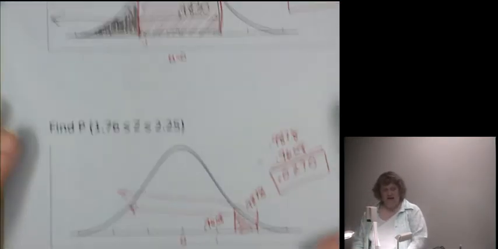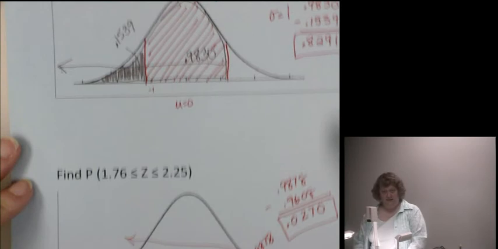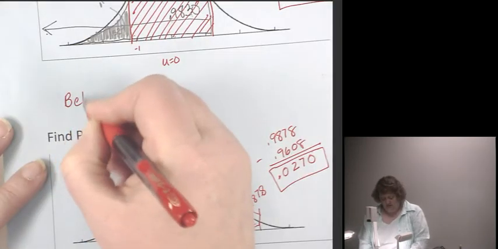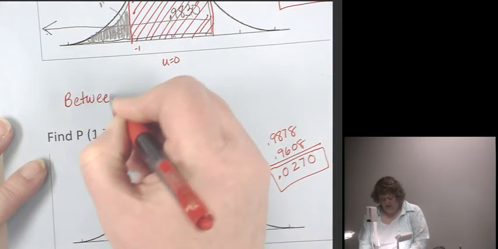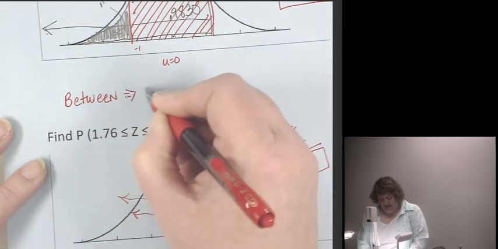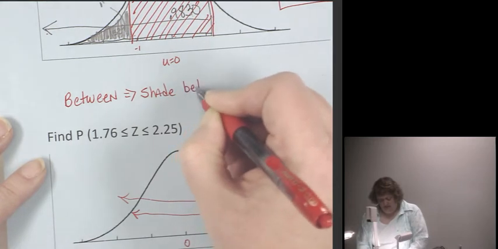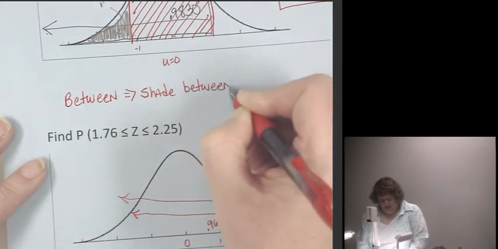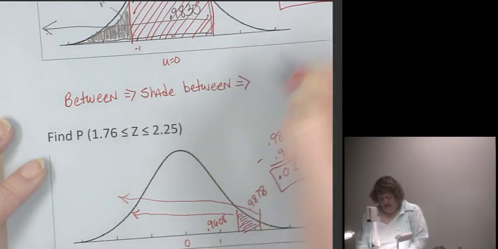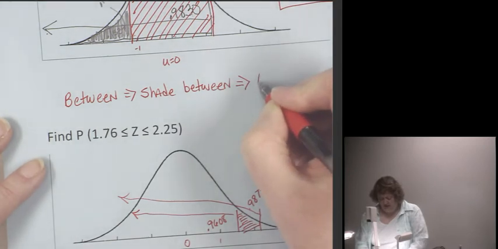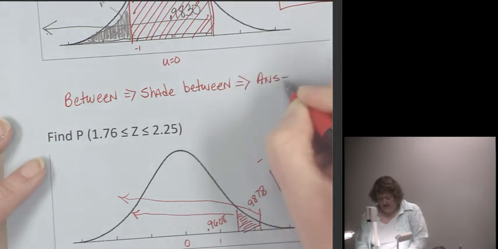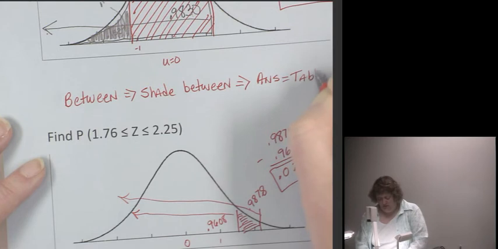And so when we're finding the area between two values, we shade between, and the answer equals table minus table.